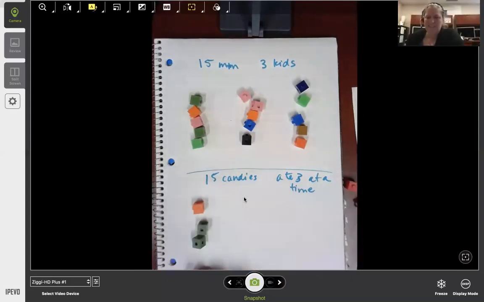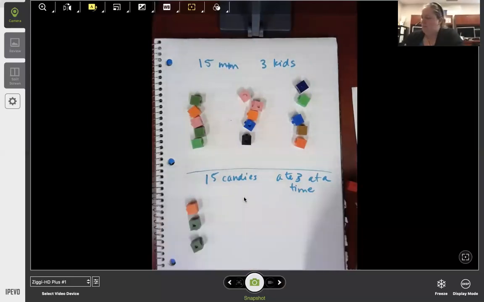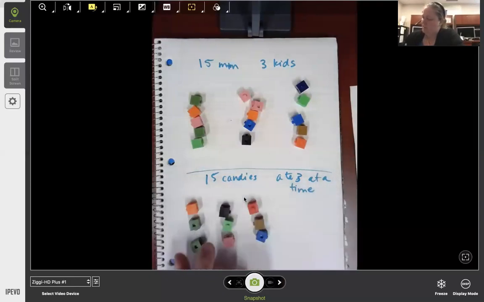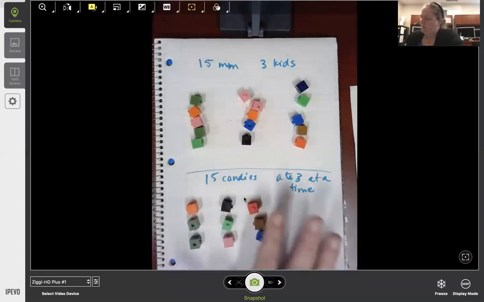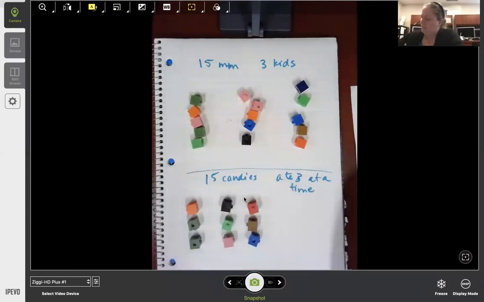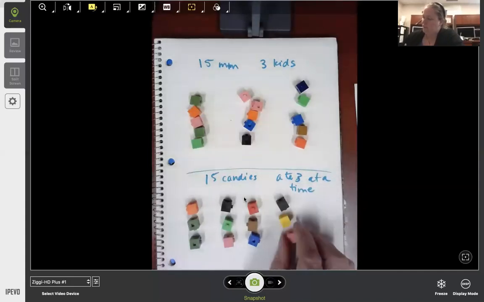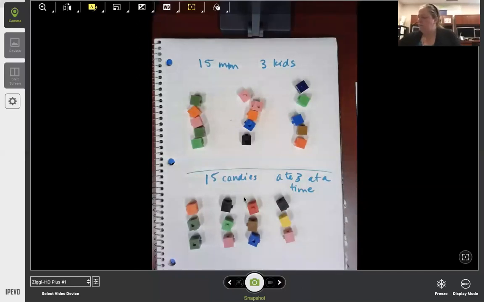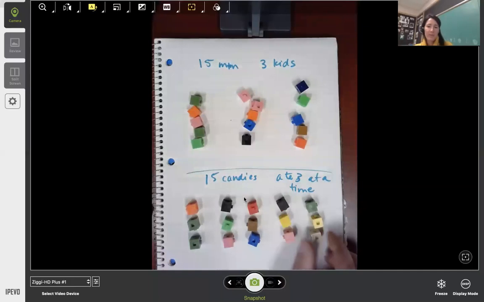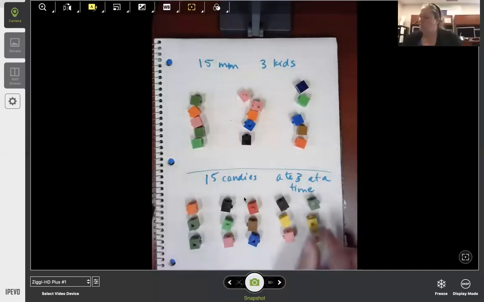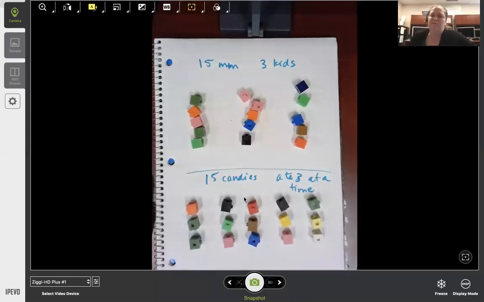Then a student might solve it by creating groups of 3 until they get up to 15. So 3, 6, 9, 12. One of my counters is white, you guys can see it. So 3, 6, 9, 12, 15, and you end up making 5 groups of 3.